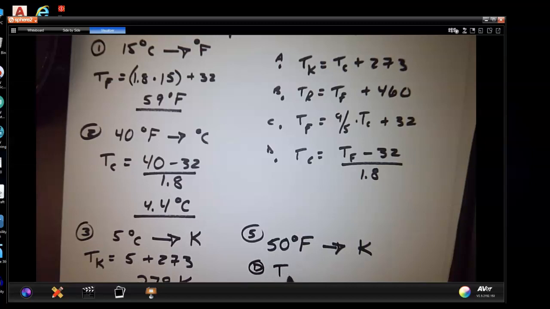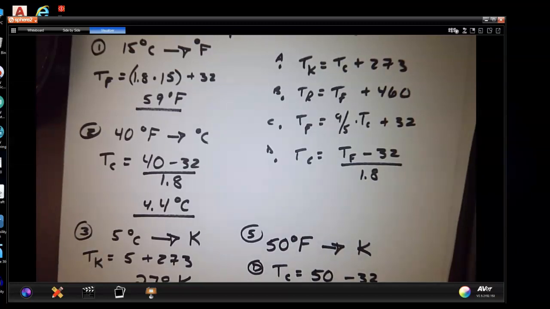It says temperature Celsius is equal to 50 minus 32 divided by 1.8. So I just put in the 50 for the Fahrenheit degrees. And when I solve that, I get TC is equal to, I think, 10. Let me just check real quick. 50 minus 32 gives you 18 divided by 1.8.